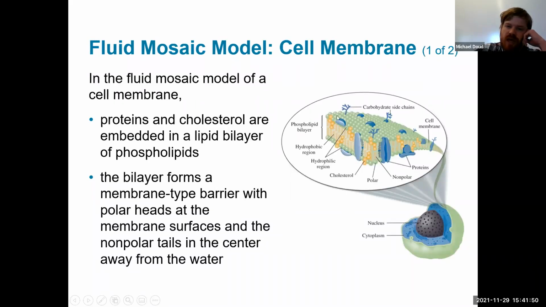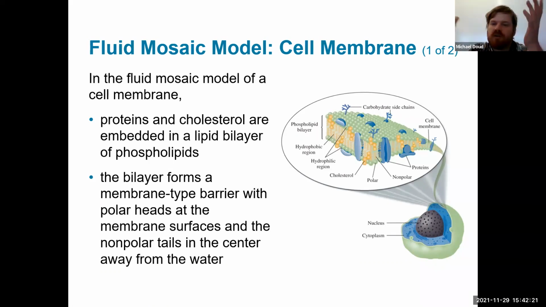The polar heads all arrange themselves at the top, and they each have their tails sticking down. We call it a phospholipid bilayer because we have one layer up here, and then the other layer is mirrored down here. Again, the nonpolar tails are sticking together. The polar heads are presenting at top and bottom, the top being exposed to the outside of the cell, and the bottom being exposed on the inside of the cell.